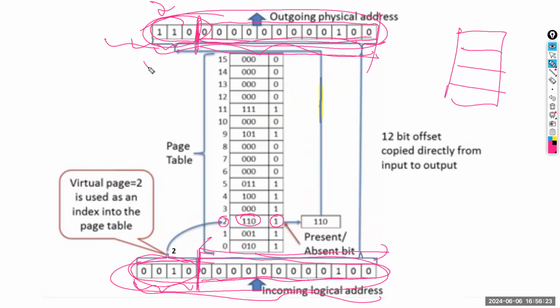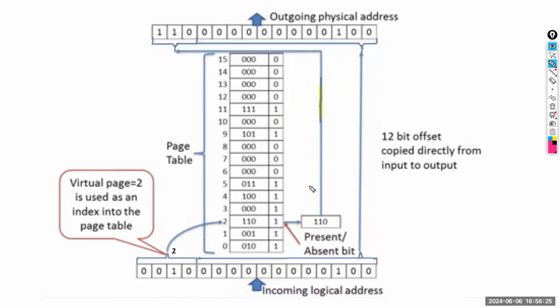So the next question is, what happens when you get a logical memory address? Of course, you can simply copy this part to get the physical address. Then you go to the page table, and let's assume it is something like 6. 6 means 110, 4 plus 2 is 6.